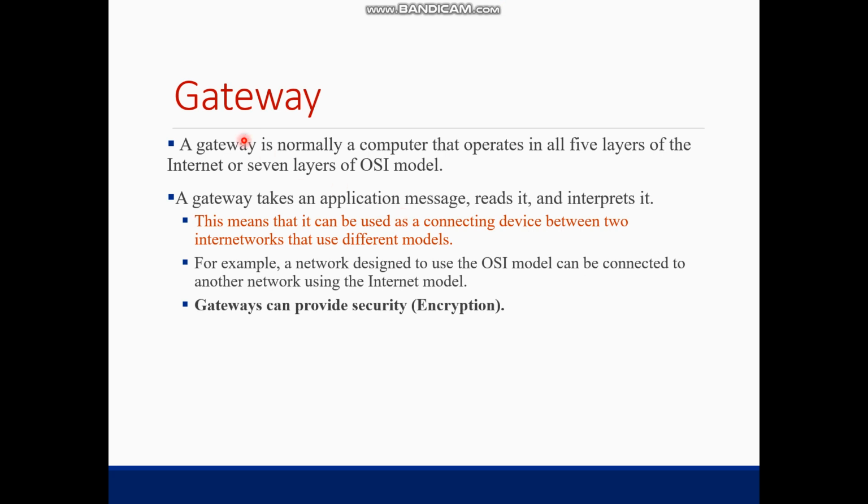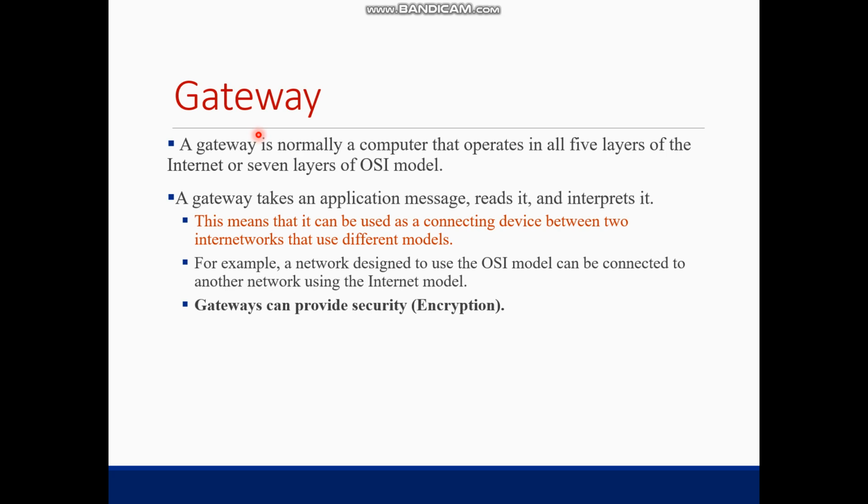So the fifth category is gateway, and the gateway is just like a normal computer or a host that operates in all the five layers in the TCP/IP Internet Protocol, and the seven layers of the OSI model. So that means the gateways work over the whole layers of the internet models. Just like an application, there is a message inside an application.